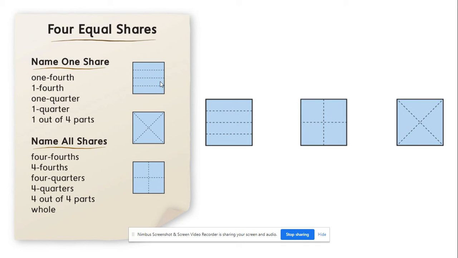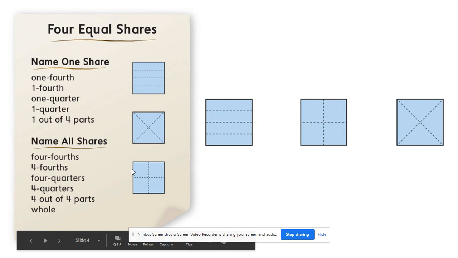Well, it takes four parts in these shapes to make the whole thing. So one fourth, one quarter, or one out of four parts. These are all names for the same exact thing. It doesn't matter which one you use, it would all be correct.